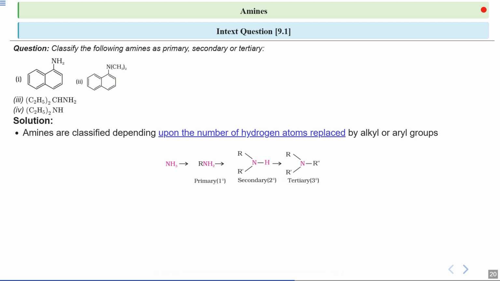If one hydrogen is replaced by an alkyl or aryl group, we call it a primary amine. If two hydrogens are replaced, it is a secondary amine. And if all three hydrogens are replaced, it is a tertiary amine.